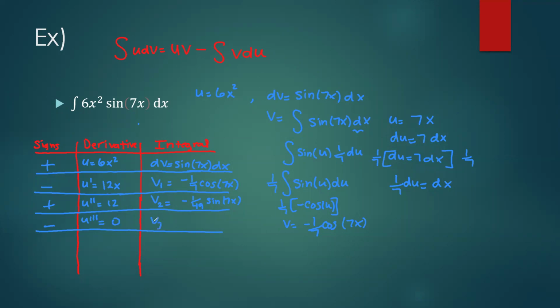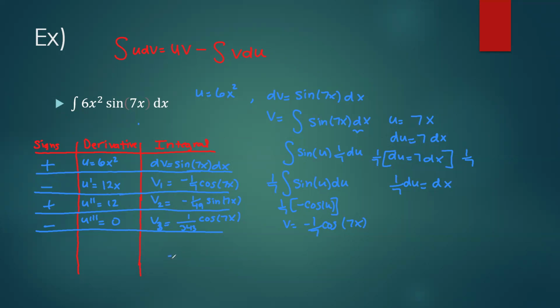And then your v3, or your integration of negative 1/4 sin of 7x, is positive 1 over 343 cosine of 7x. You can do the work, but because I have limited time, I just put it in the calculator. So now let's figure out what our first term would be.